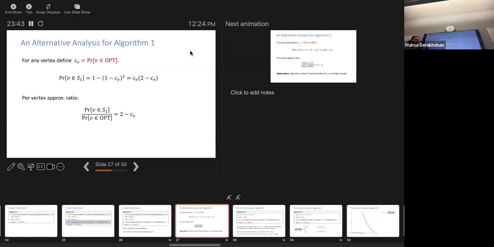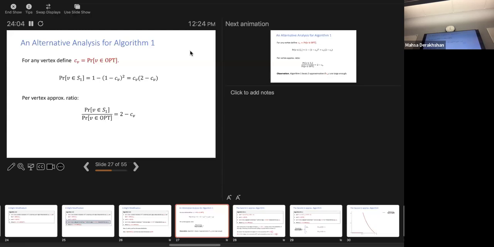It can be omega n, but for any vertex, it can be like a constant, or even epsilon, right? But still, your approximation ratio, the improvement you have over the 2 approximation, is the expected value of C_v, no? Is that correct or no?